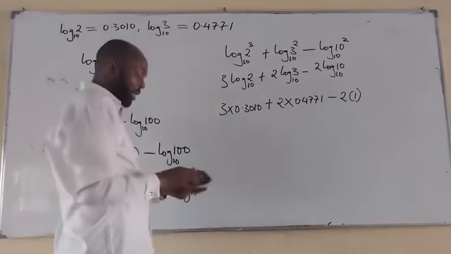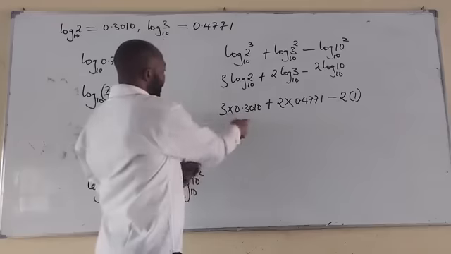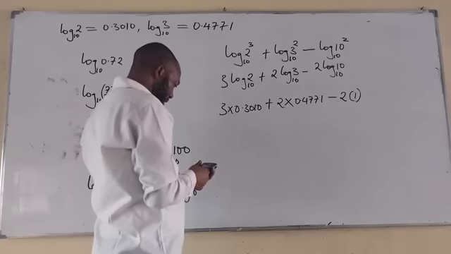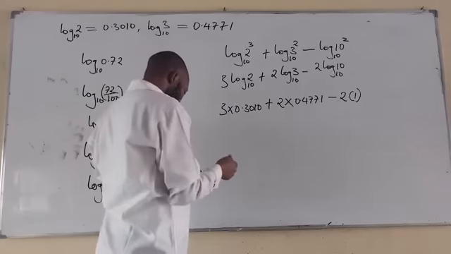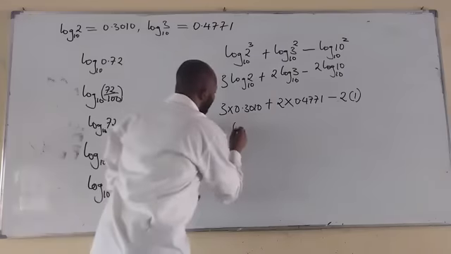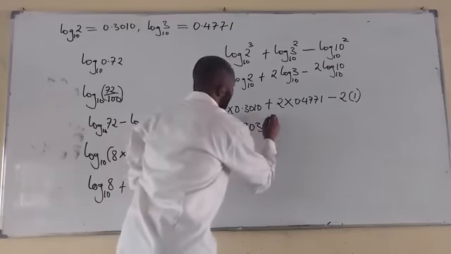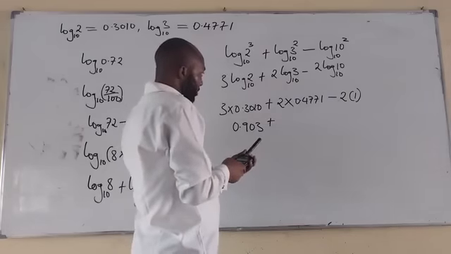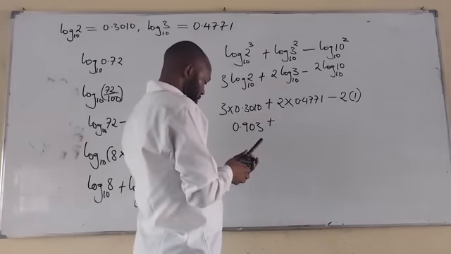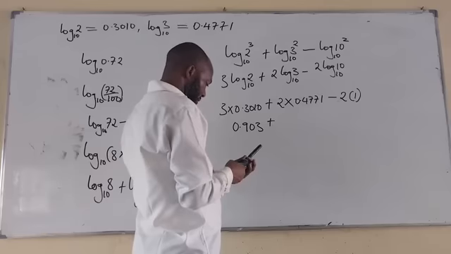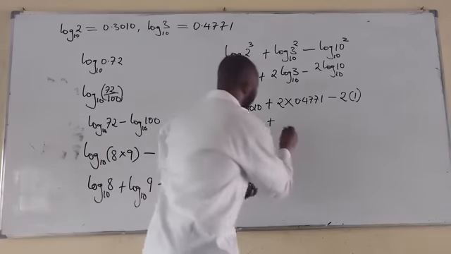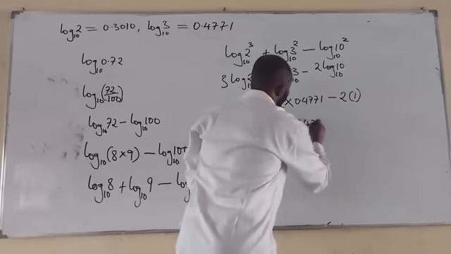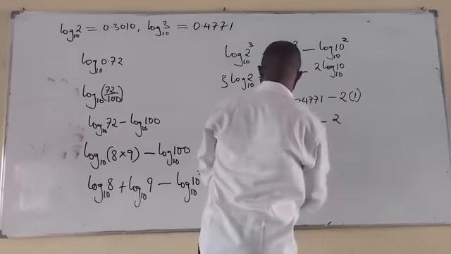So let's see what we can do now. 3 times 0.3010 is 0.903. Plus 2 times 0.4771, which is 0.9542, minus 2.